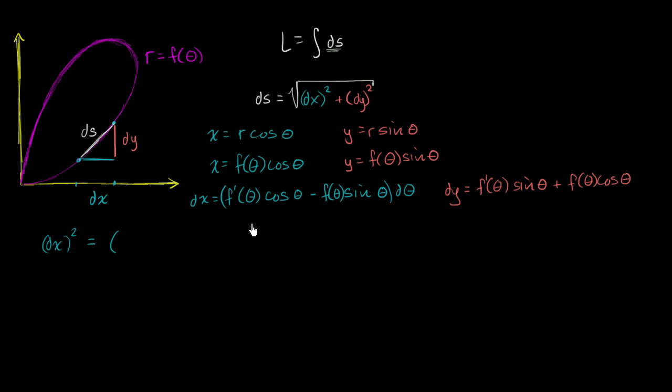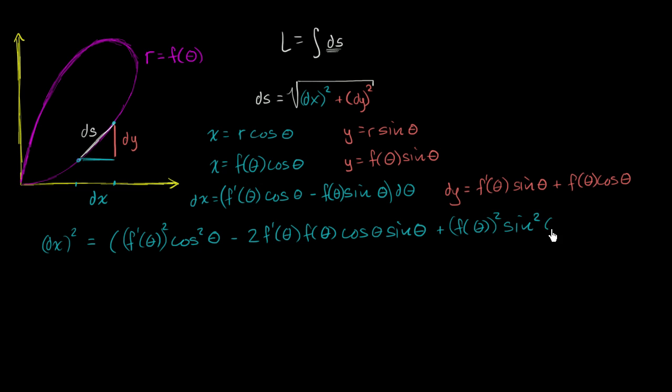So that's going to be f prime of theta squared cosine squared theta, minus 2 times the product of these, minus 2 times f prime of theta f of theta cosine theta sine theta, and then this one squared. So negative times negative is positive, so plus f of theta squared sine squared theta. So that's dx squared.